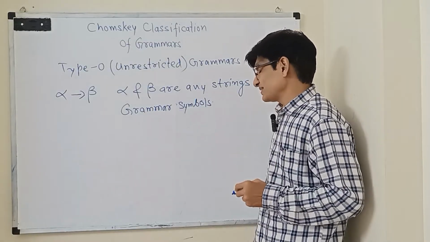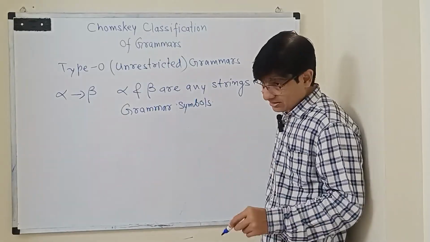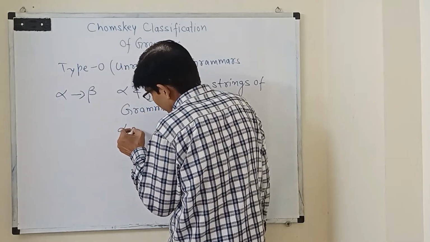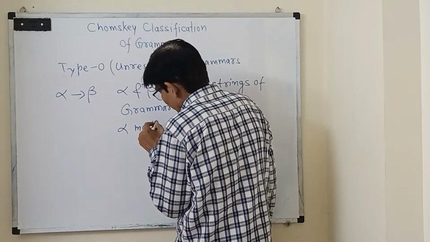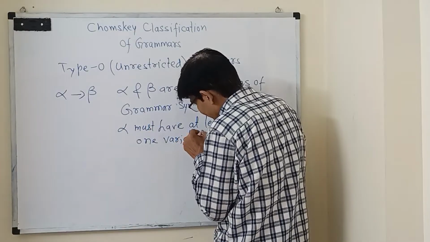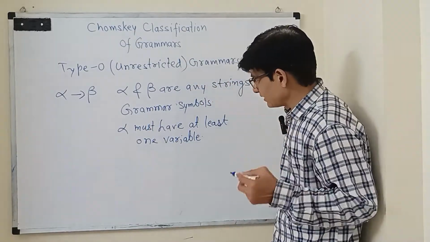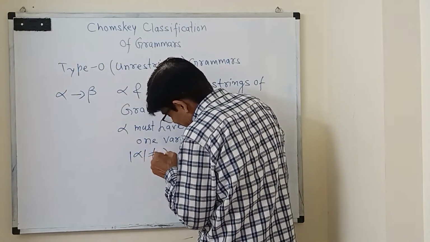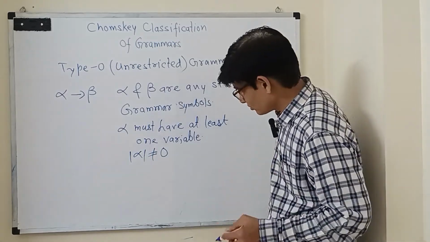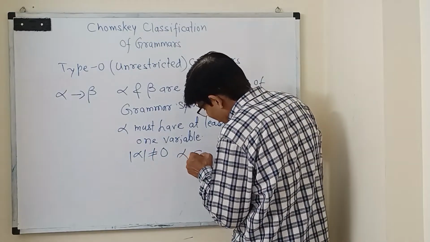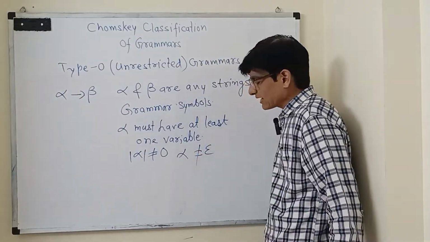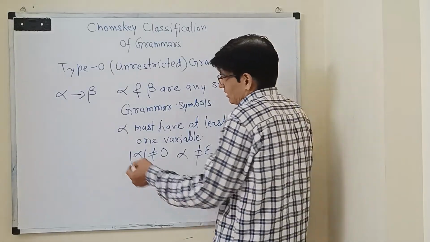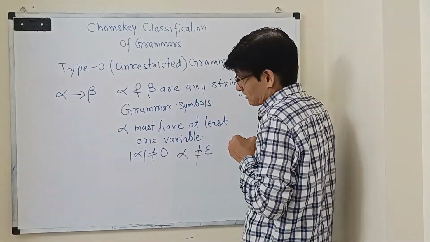As the name of this grammar is unrestricted grammar, still only one restriction is there: alpha must have at least one variable. So the length of alpha will never be 0, or you can say alpha will never be epsilon. Alpha cannot be epsilon. This is the only restriction in type 0 grammar or unrestricted grammar.